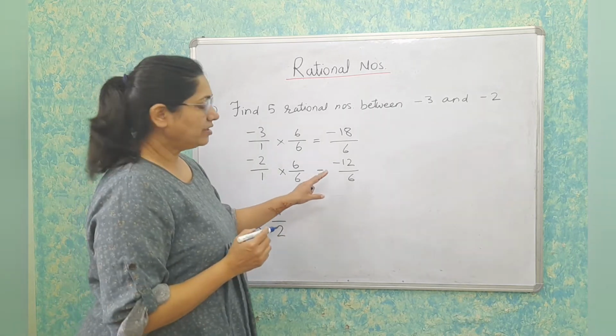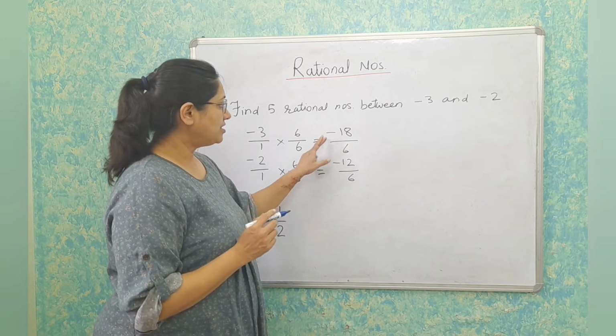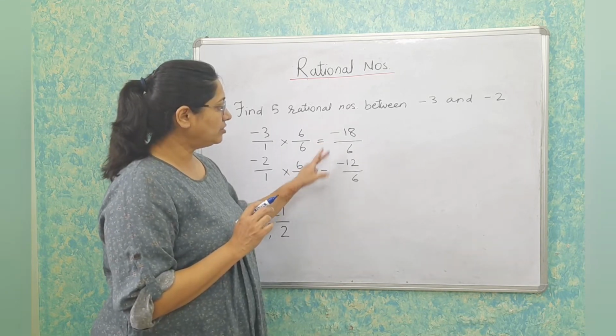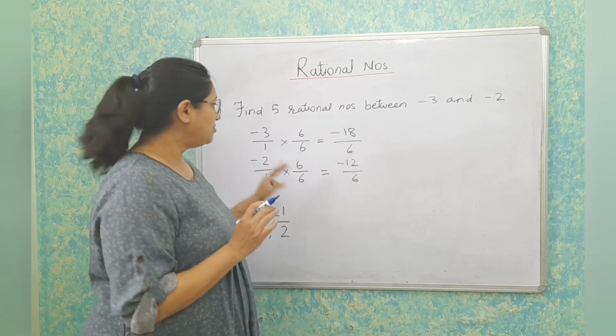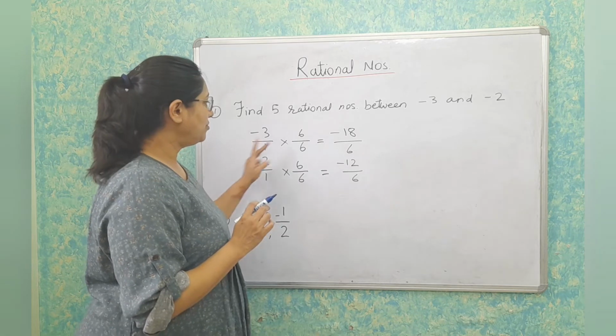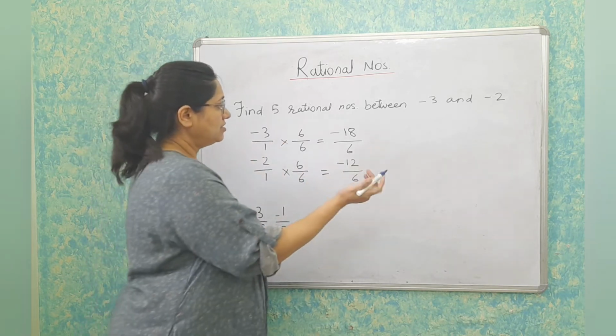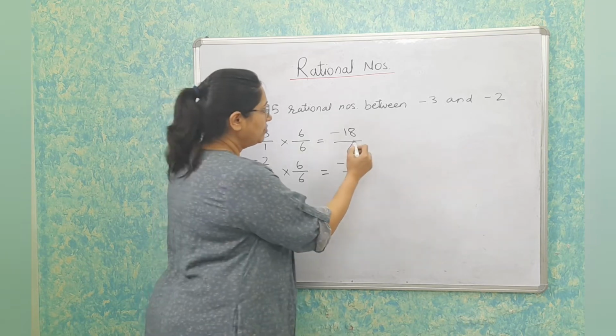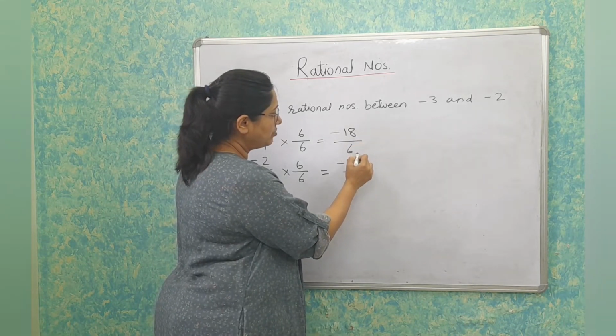Now I am having two rational numbers -18 upon 6 and -12 upon 6 and I get both these rational numbers simply by multiplying the original number with 6. So now I have to find in between number which is very easy. First one is -18 upon 6.